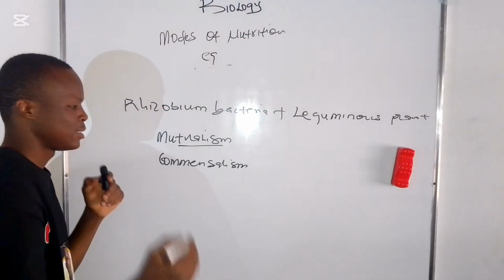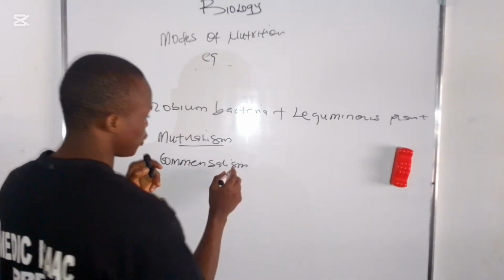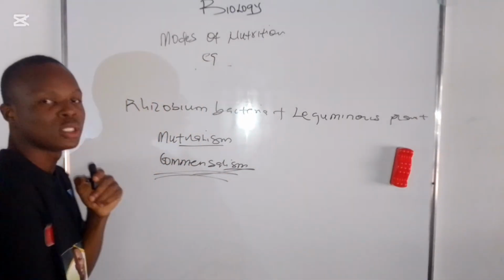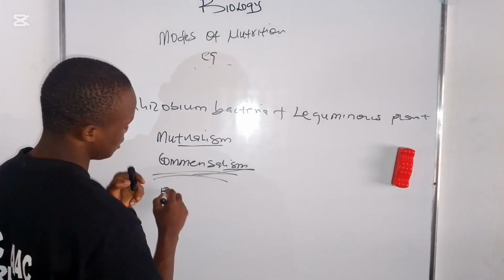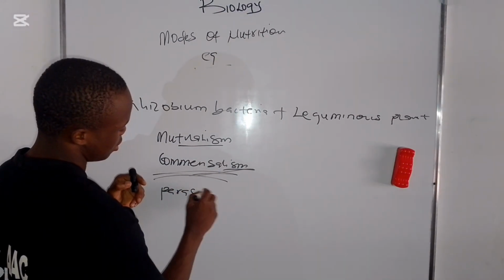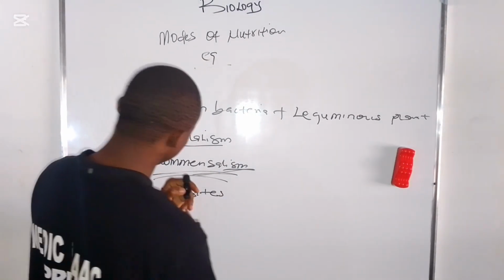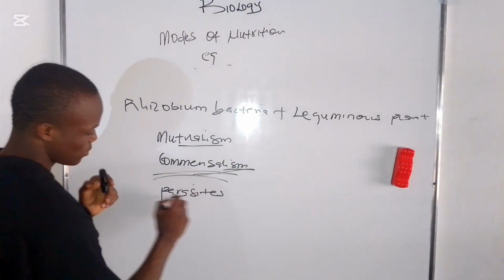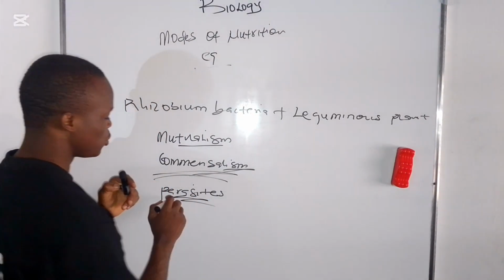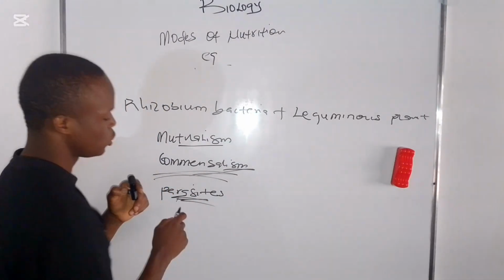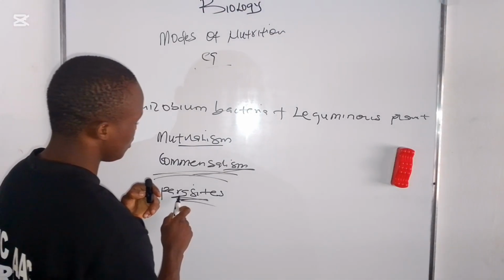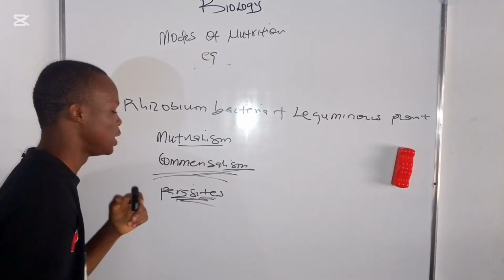In this aspect, none of them is being harmed, but only one benefits. Do you understand? Then parasitism. This one kills the host. He's a wicked person. He kills the host, right? So the parasite kills the host while the one is being benefited.